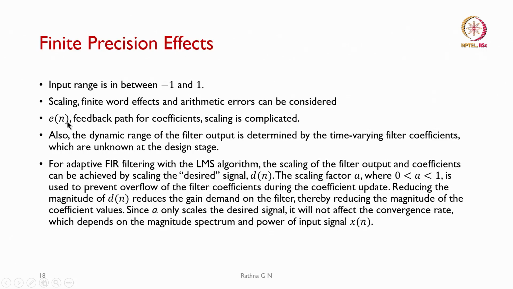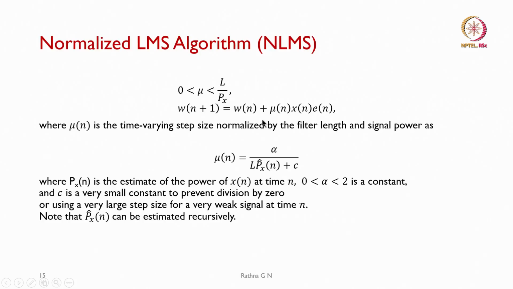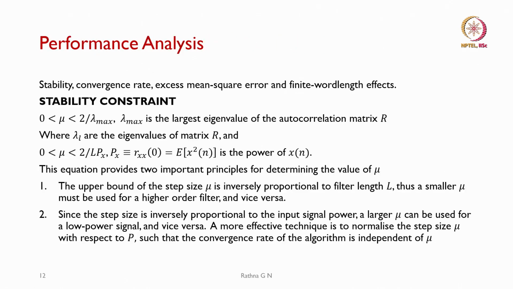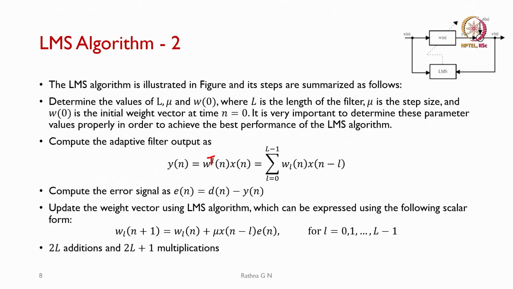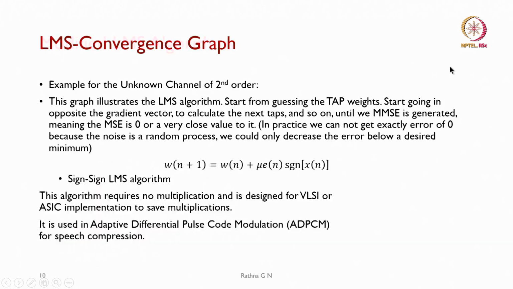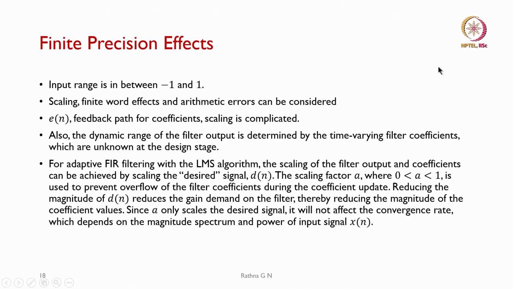We know that e of n is the feedback for the coefficients, so scaling is going to be complicated. Earlier, in the FIR filter, we did not have the feedback. In the figure you will see that from the error we have a feedback path, so this also has to be considered.